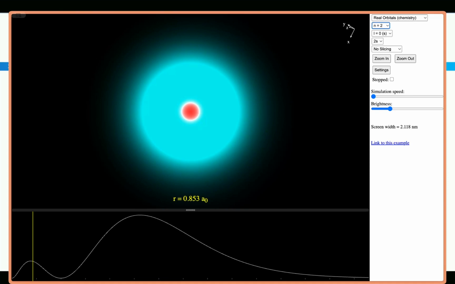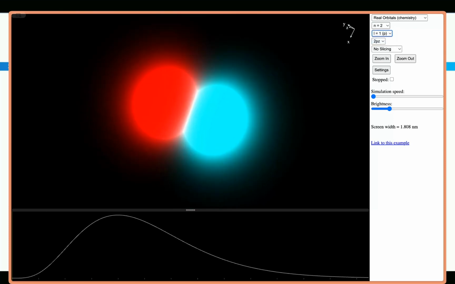the 1s is blocking some of that effective nuclear charge. And so if I look at the 2s orbital, it's got some degree of penetration, because there's this small peak in here that would actually be inside of the 1s. So what am I going to see if I pull up the p orbitals? There's no penetration.